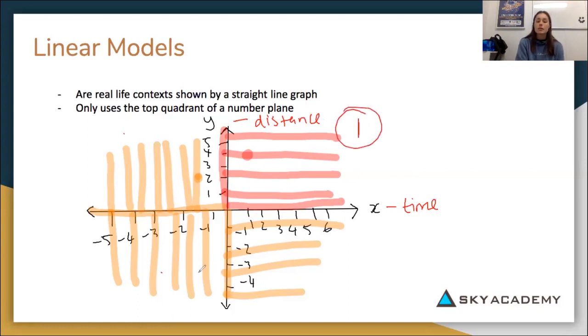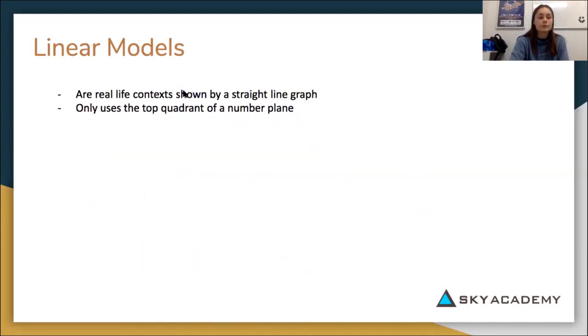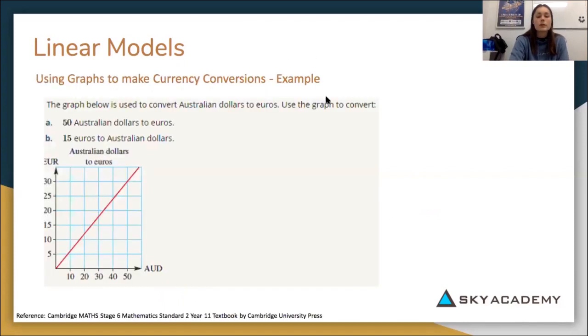So let's have a go at doing some examples. Here we have a linear model, and it says the graph below is used to convert Australian dollars to euros. Use the graph to convert 50 Australian dollars to euros. If we have a look at our linear model, we're only using the top quadrant, which we know.